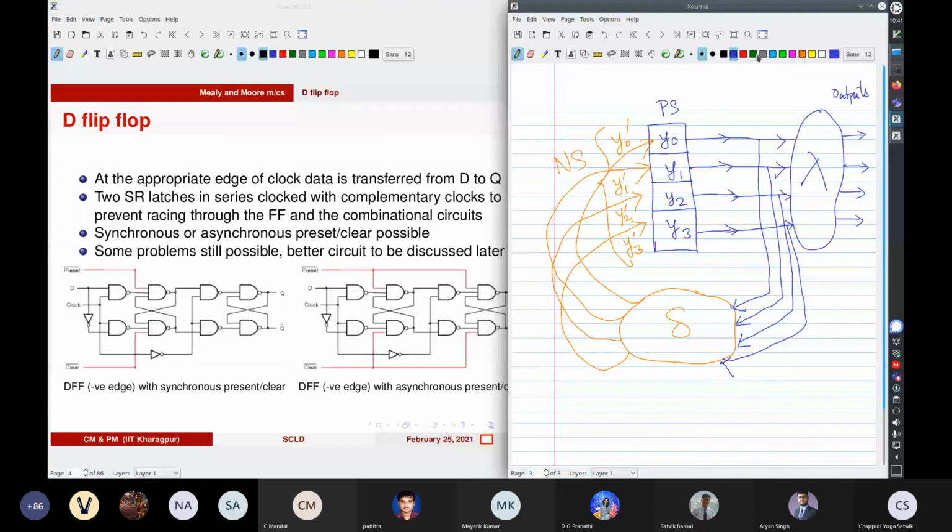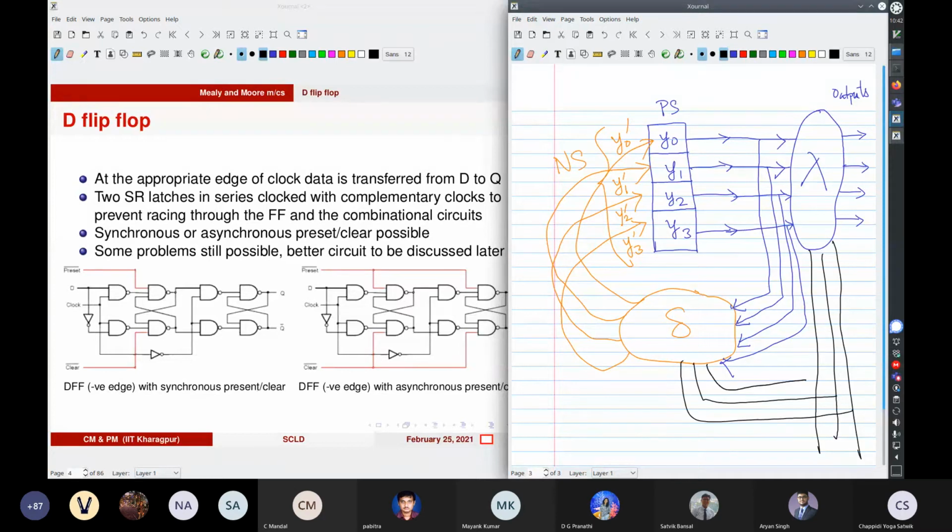So let me show the inputs in some other color. You also have your inputs coming here.